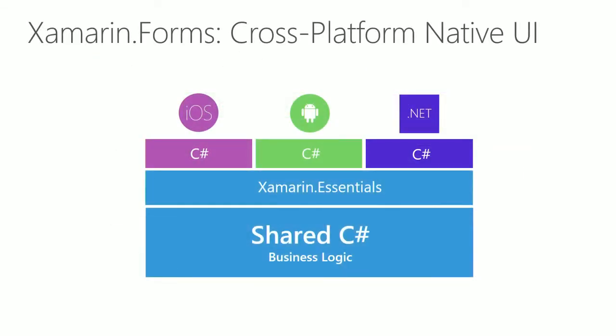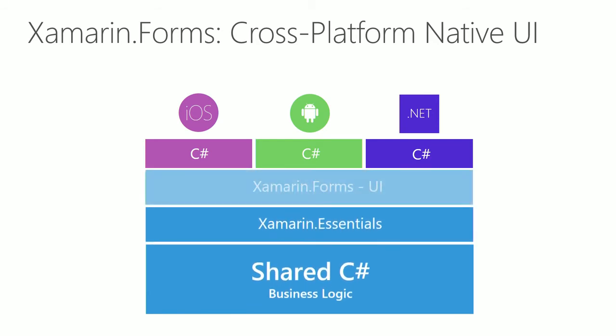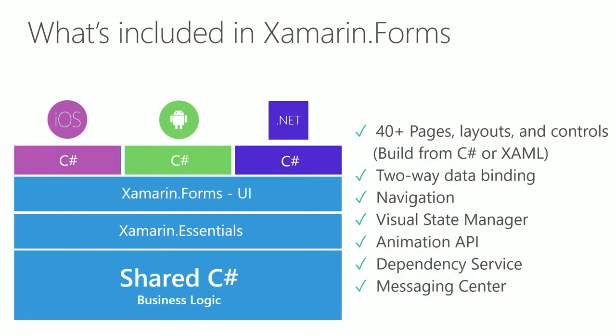So now your applications look a little bit like this. You've got always shared C# business logic. You have Xamarin Essentials, as much or little as you want, and Xamarin.Forms, as much or little as you want. Like I said, Xamarin.Forms has now over 60 pages, layouts, and controls that you can build from C# directly. If you just want to say a new button and add it, and boom, you have a new button.